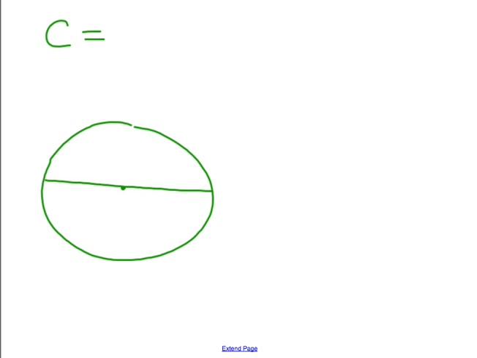If I take this diameter, and I line it up here and I wrap it around the circle, it'd go to about here, then about here, then about here, and then there'd be this little bit left. What part of the diameter would that little part be?